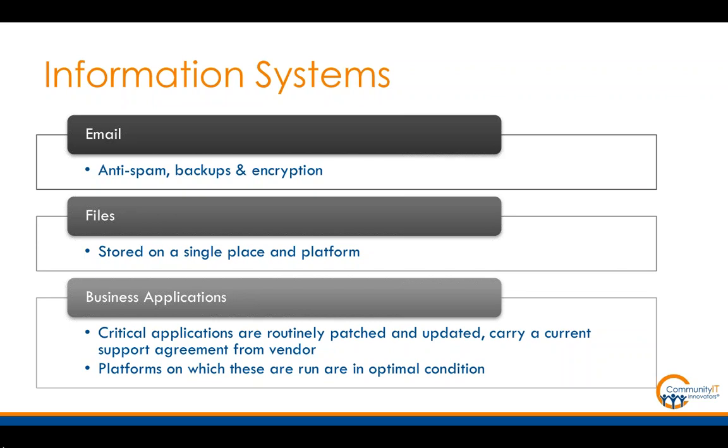So really looking at the platform that you run this application on is very, very important, and you want to ensure that that platform is run in an optimal condition on a server that is supported, that is connected properly, that has sufficient bandwidth to run your application. That way your end users or the customers or clients that you're providing services to, those members see that your service is actually helping you achieve your missions, and the business applications are run efficiently and optimally.